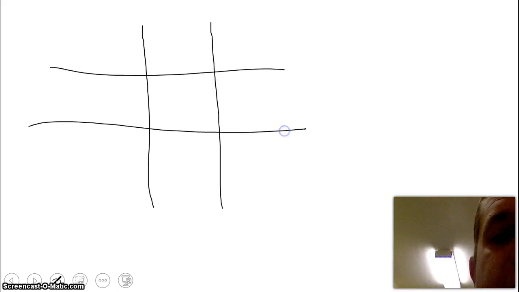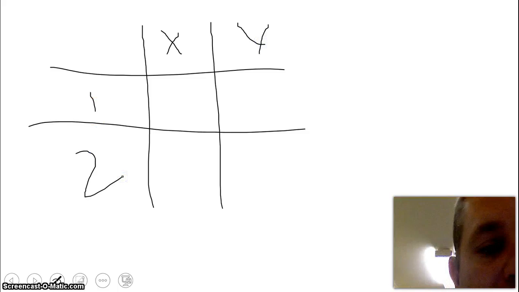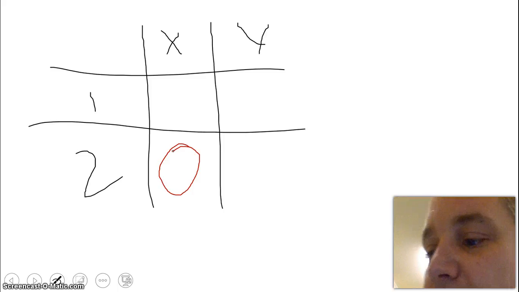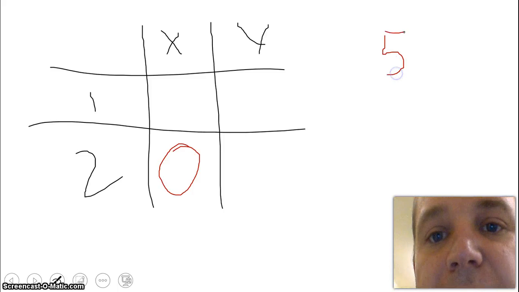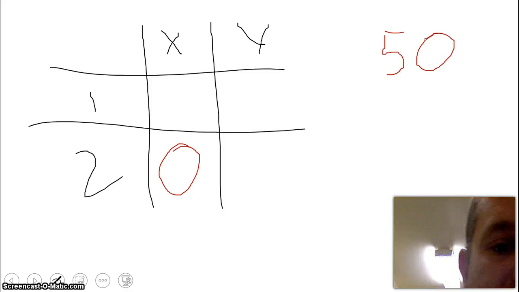Having a look at question part 3, what fraction of brand X laptops was sold in week 2? This was X, this was Y, this was week 1, this was week 2. So we're looking at how many X's were sold in week 2, which is 50 laptops, out of the total amount of X sold.